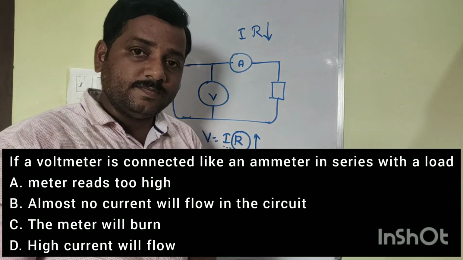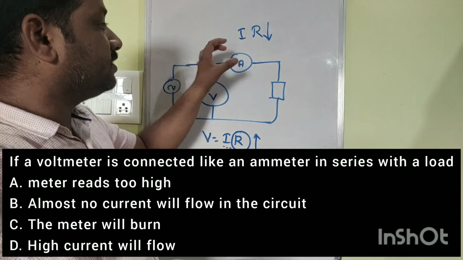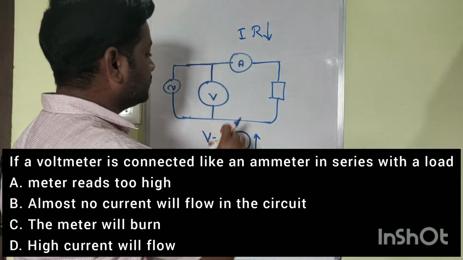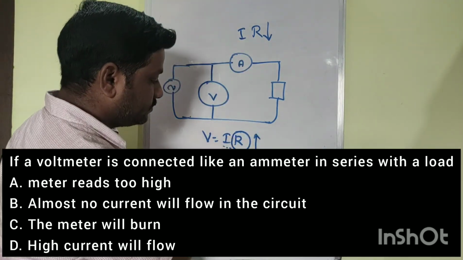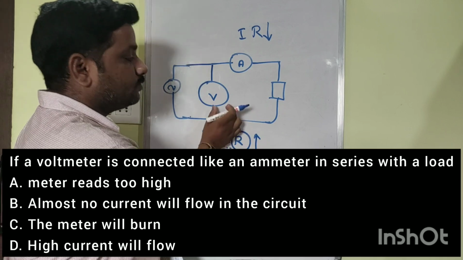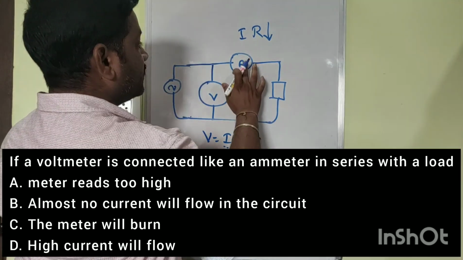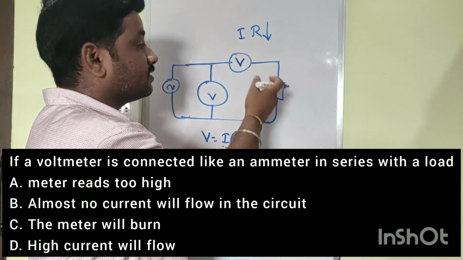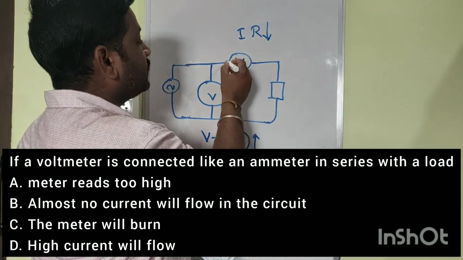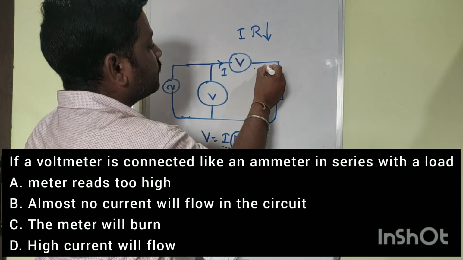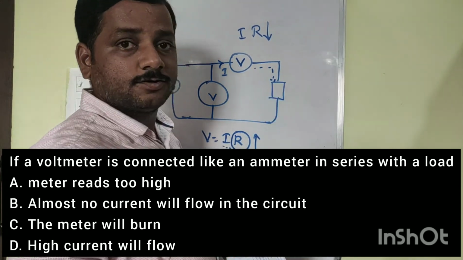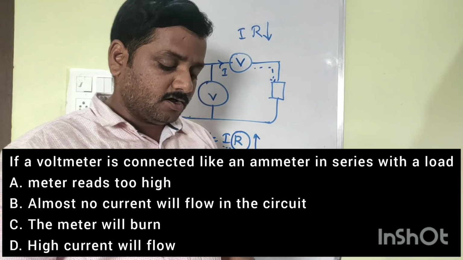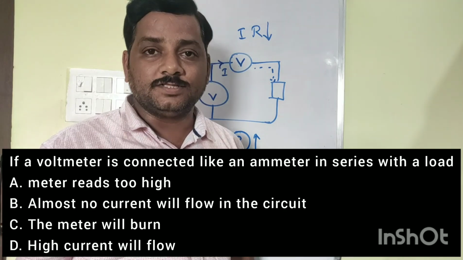Now, if I connect the voltmeter in series, what happens? Just look into the design. The resistance of the voltmeter is very high. So if I connect it like this in series, its resistance is very high, so it is opposing the flow of current. It will not allow the current to flow through. So you can read option B: almost no current will flow in this circuit.